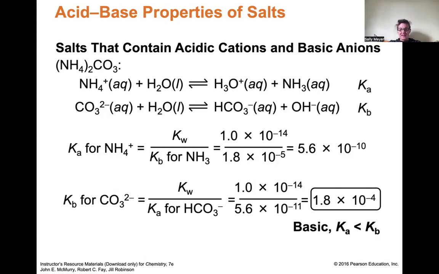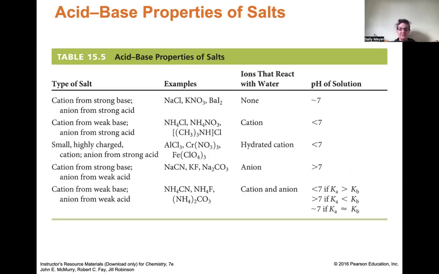To get the Kb, we need to look at the Ka for HCO3 minus because that's given in the table, and we come up with the Kb for carbonate being 1.8 times 10 to the minus 4. So NH4 plus is a weaker acid than carbonate is a base. And so if carbonate's a stronger base than ammonium is an acid, then this is going to be a basic solution.